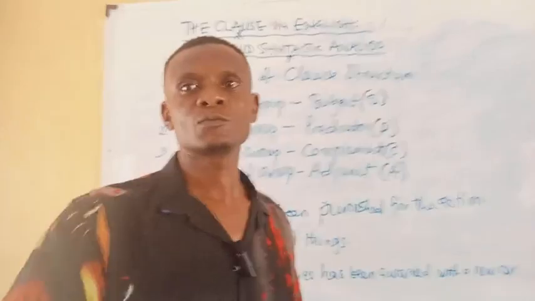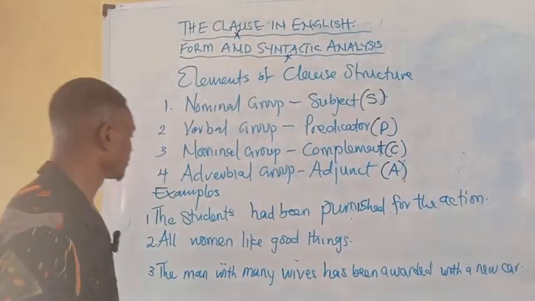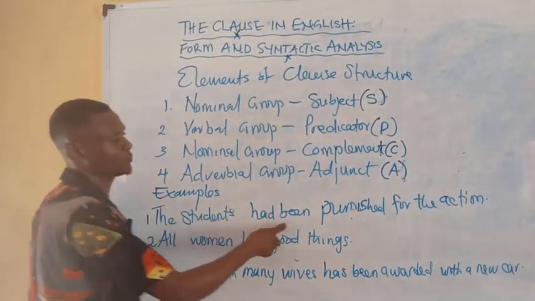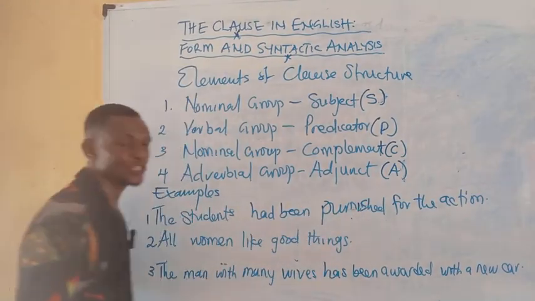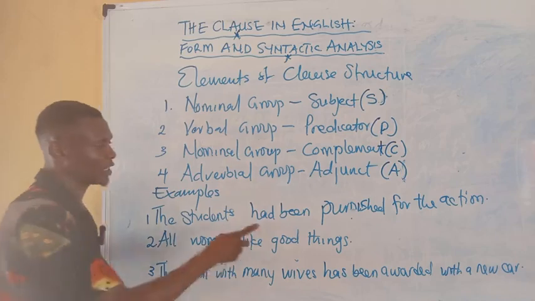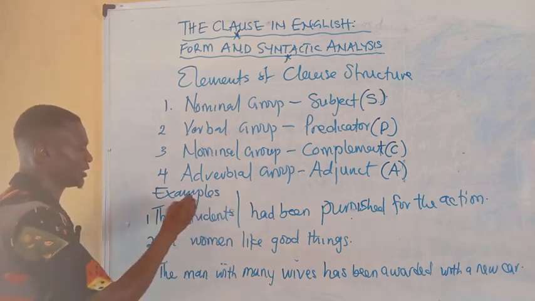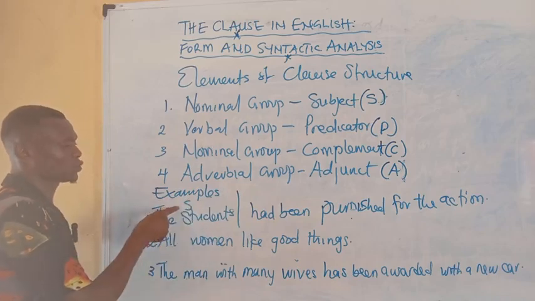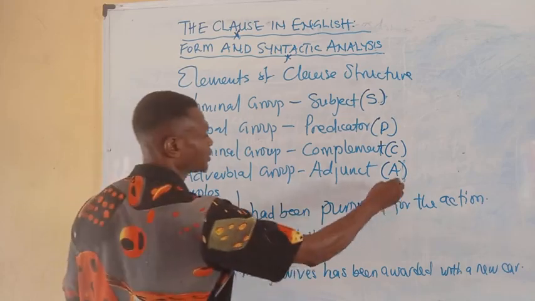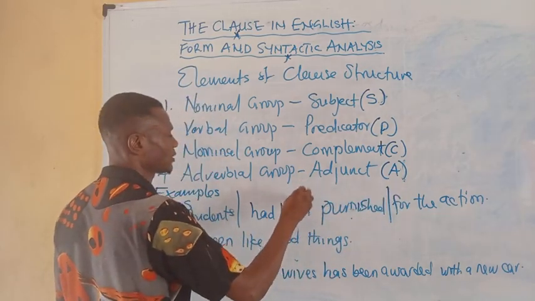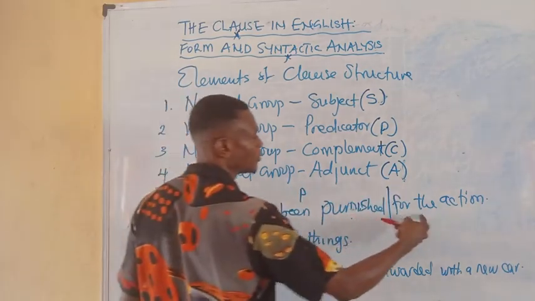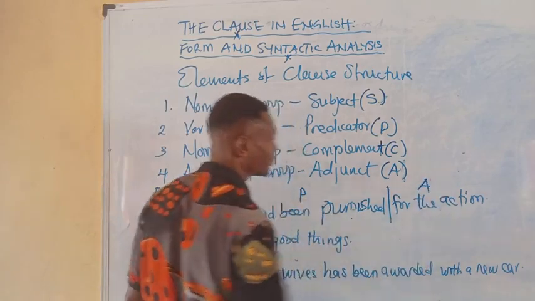For example, number one: the students have been punished for the action. The students here is the subject, have been punished is the predicator, and for the action is the adjunct.